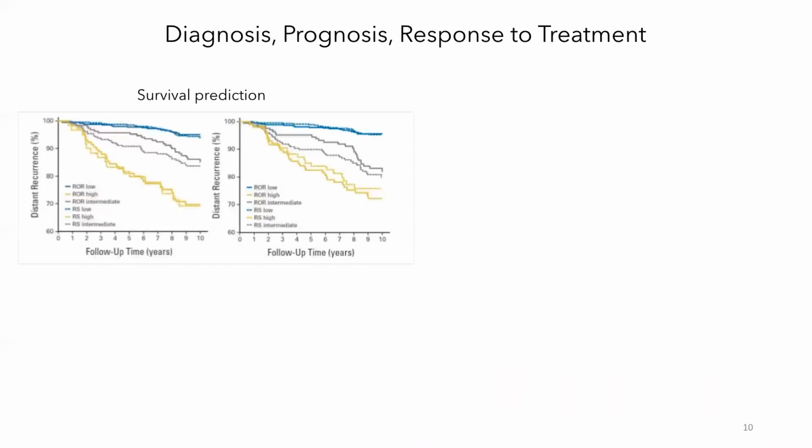How are these tests or how are these methods useful in the context of our interaction with the clinician. So the first way that this is useful is by looking at survival prediction. So we're really looking at something that we can measure.